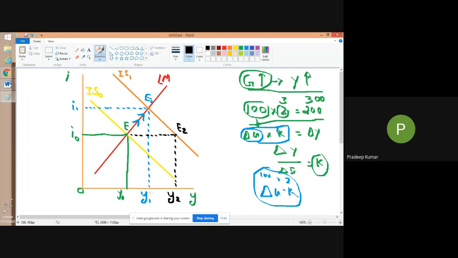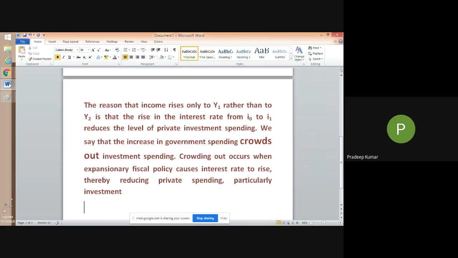If the interest rate stayed at I0, we would move from point E to E2, but now we have moved from point E to E1. It means that the increase in the rate of interest has resulted in a reduction of private investment, which is called crowding out.